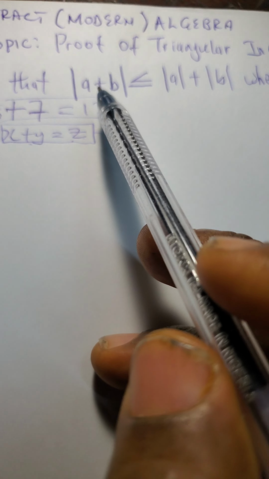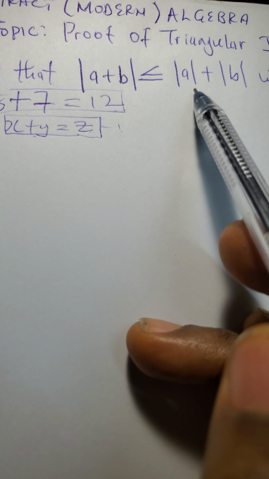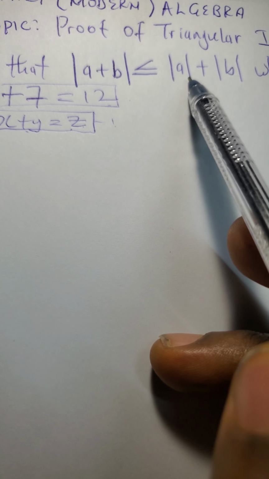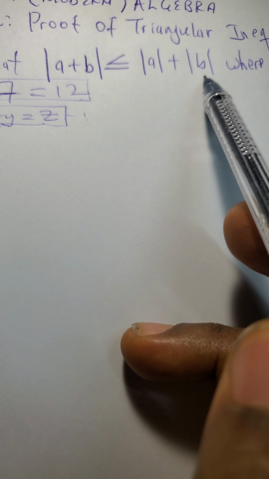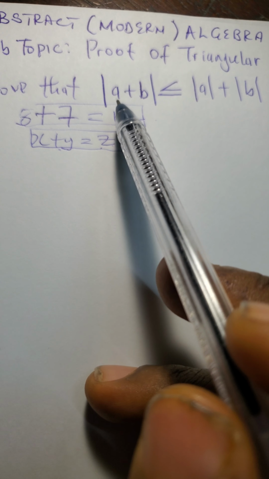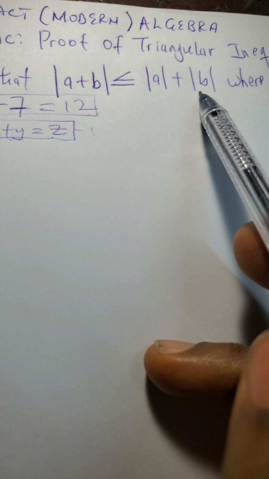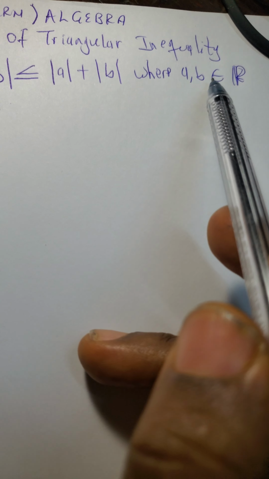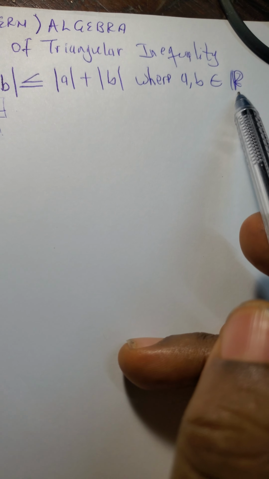Now, the inequality that we are about to prove is this: absolute value of a plus b is less than or equal to absolute value of a plus absolute value of b. a and b are elements that belong to the real numbers.